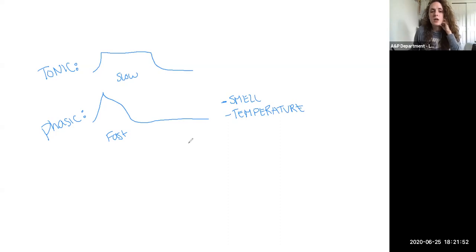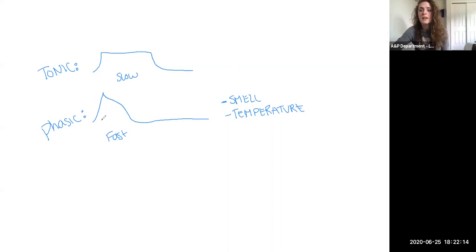Okay, so you walk into a room, it smells awful, and you're like, oh, that's disgusting. But then like 30 seconds later, you can't smell it anymore. That's because your phasic receptors decided that stimulus wasn't relevant anymore, and they turned off that receptor, so you're unable to sense that anymore. Okay, so smell goes away really fast.